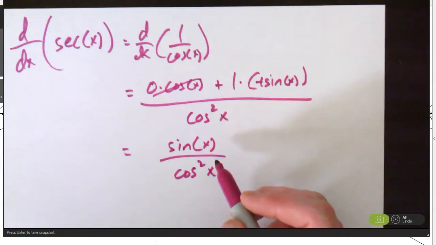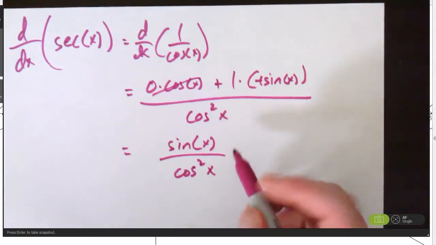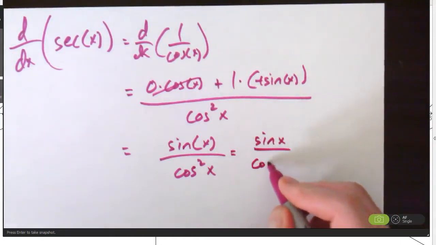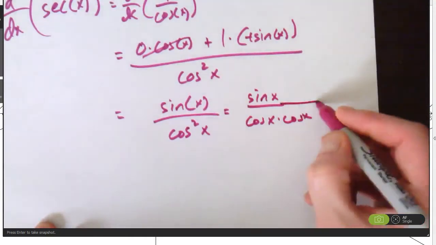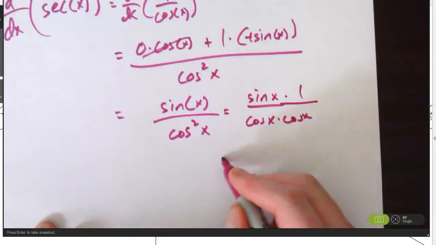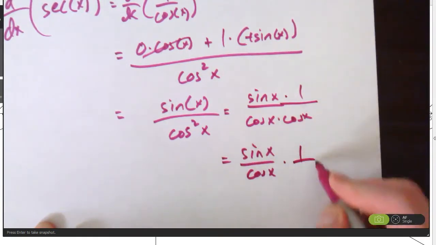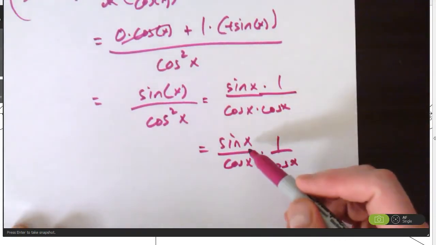Now, if you look at this, you might say that's not any kind of trig identity that I know of. And you're right. What I really have to do is treat this as sine x over cosine x times 1 over cosine x. Then you go, what's sine x over cosine x?